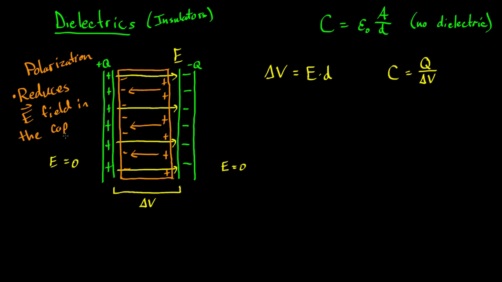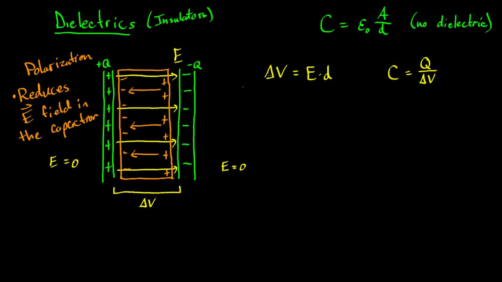This is the key: we insert a dielectric, it's going to be polarized, and that polarization reduces the E field inside of the capacitor through superposition. If we add these up, this is going to cancel some of that, so we get a weaker electric field, and this has effects on the capacitor.